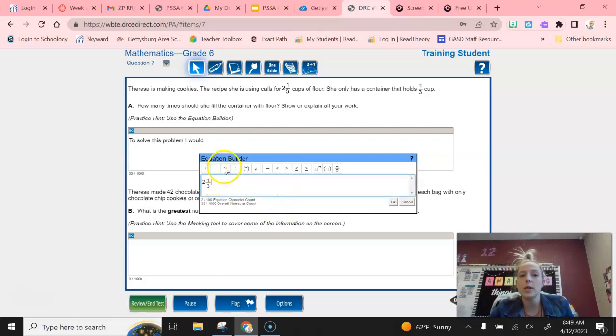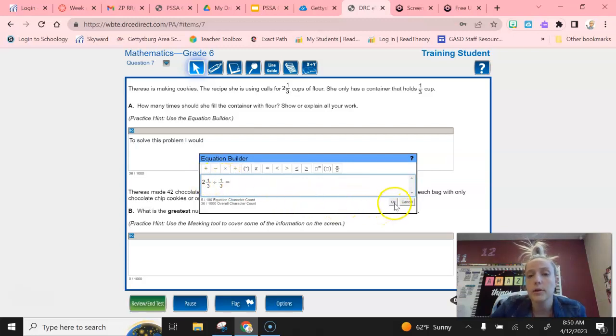So you can type a fraction in there. And say for this one you're going to divide, you can put your second fraction in there. And then you can tell the person what it is equal to. That way you can explain that after using words, or you can use just the equation builder.